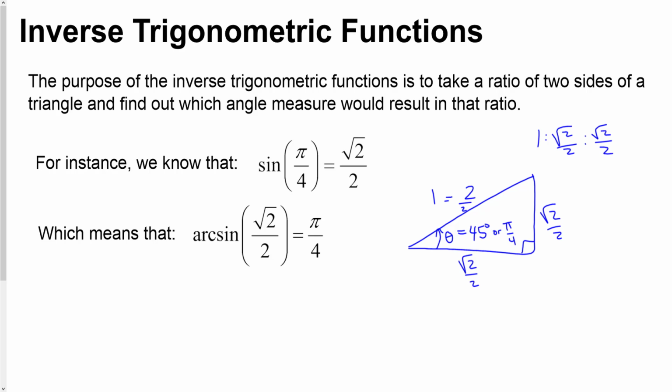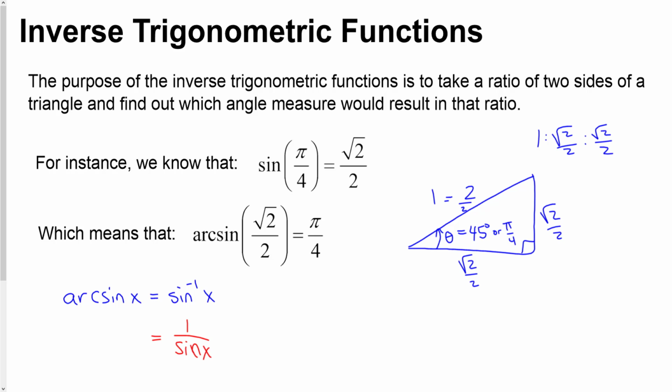And sometimes instead of writing arcsine of x, we write sine to the negative 1 of x. And that means the same thing as an arcsine of x. Some students at first initially think of this as, I'll write it in red because it's not correct, sine to the negative 1 as 1 over sine x.